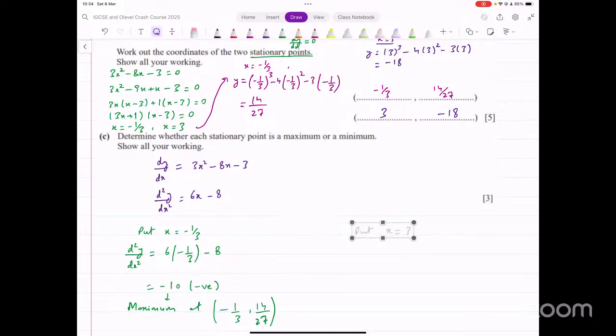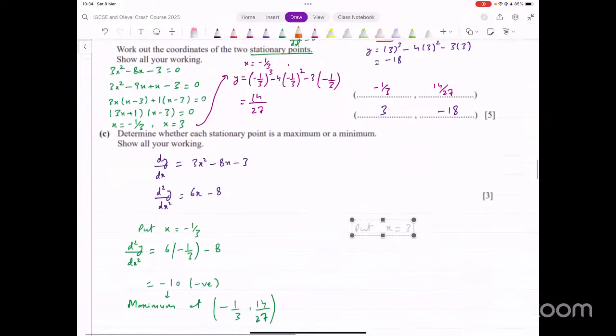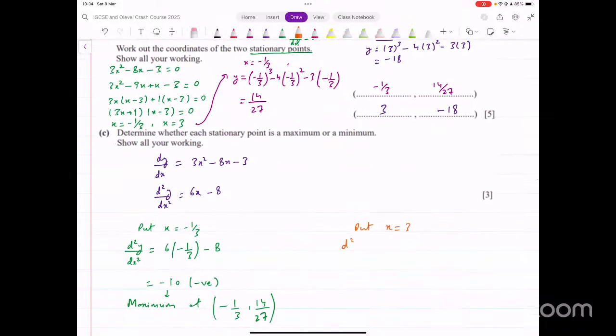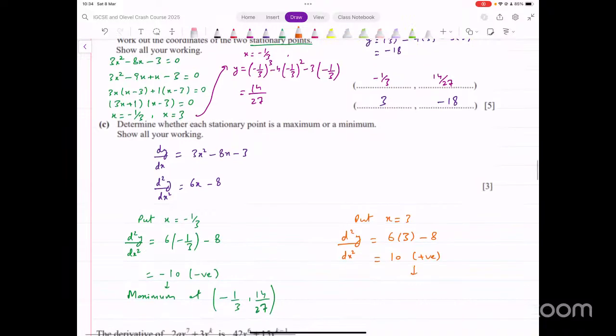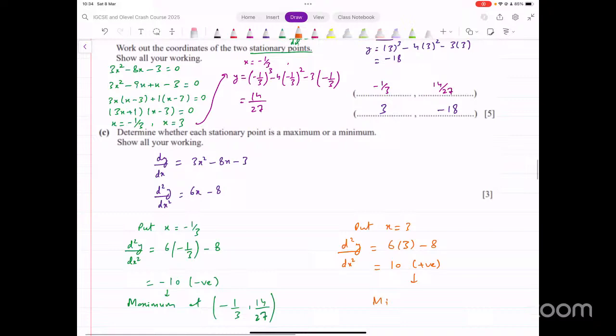Okay. Then what about the case when x is equal to 3? That will most likely turn out to be minimum, but let's show the working for that. 6 into 3 minus 8. What's that? That's plus 10. That's a positive number. Since it's a positive number, we say it's a minimum point.